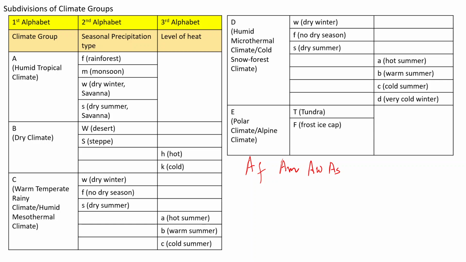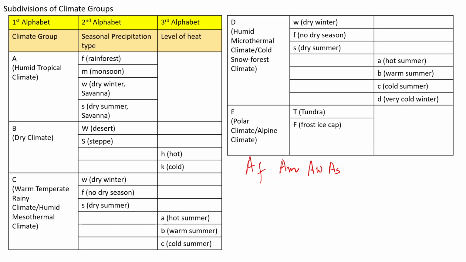The second climate group is the dry climate, the desert type of climate, where xerophytic plants survive. So B stands for dry climate. Here, as we had already discussed in the previous slide, the deserts can be hot desert or cold desert.